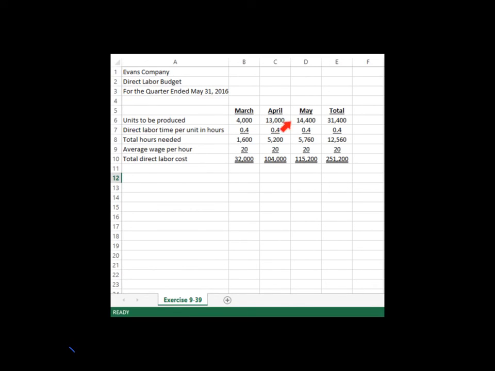Units to be produced, which is given, and their total, which you add all these together. Direct labor time per unit in hours, which is given. Total hours needed, which is units to be produced times direct labor time per unit in hours. Average wage per hour, which is given. Then you multiply total hours needed by average wage per hour to get the total direct labor cost.